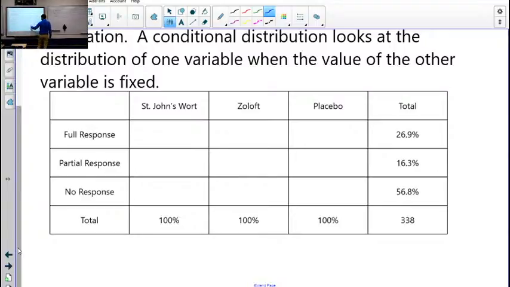Placebo, we had out of how many total took the placebo? 66? No. All of the ones who took the placebo, it should be the number that's here. Okay, so all of these are going to be out of 116.